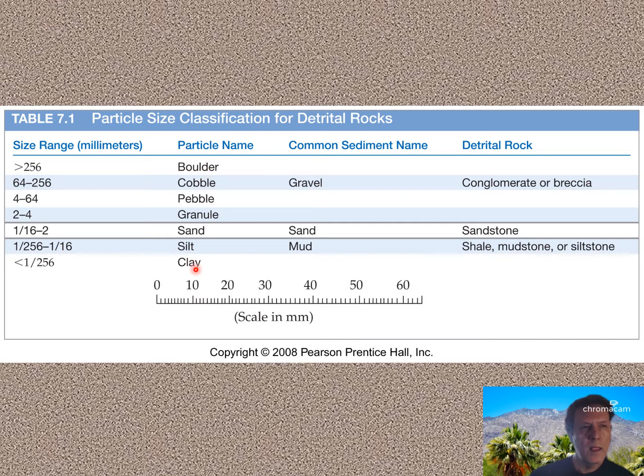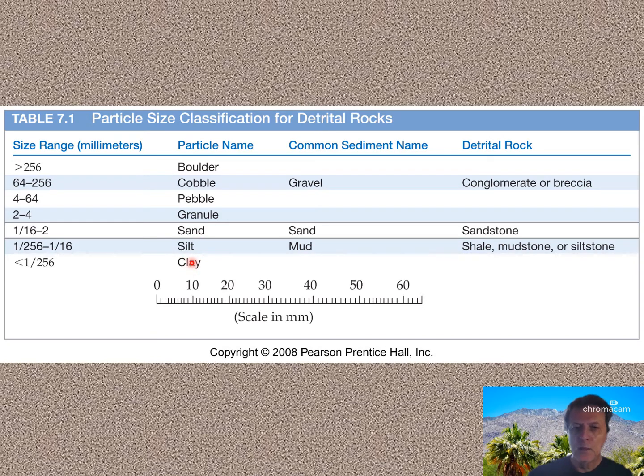So clay is a size classification. The size of a clay particle is less than 1/256th of a millimeter. Tiny, tiny, tiny. You can't see something that small unless you have a microscope. And the next biggest is silt and then sand.